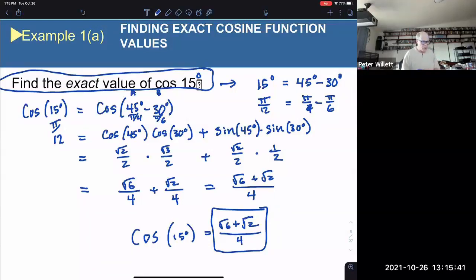And then in the future, if a problem like this pops up, hopefully you say, oh, for this kind of problem, I remember I have this tool, this identity, and I can rewrite 15 degrees in terms of this difference and use the difference identity to evaluate the cosine of this angle, which is what this problem is trying to illustrate.